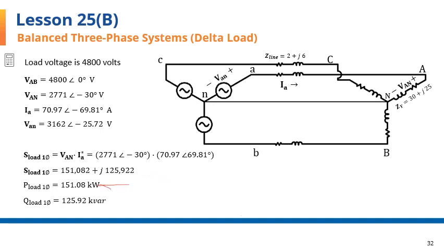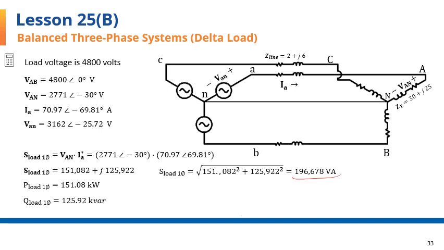Load power for a single phase is, the real part is 151.08 kilowatts, and the reactive part of the power is 125.92 kilovars. The apparent power is found as square root of the sum of the squares of the real and reactive powers, shown here.